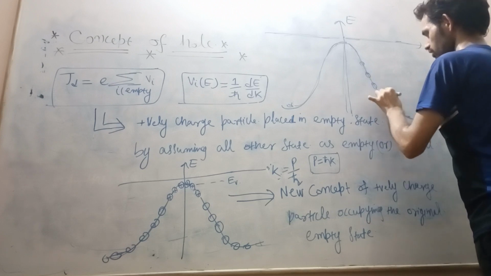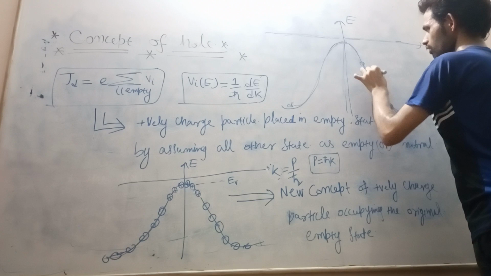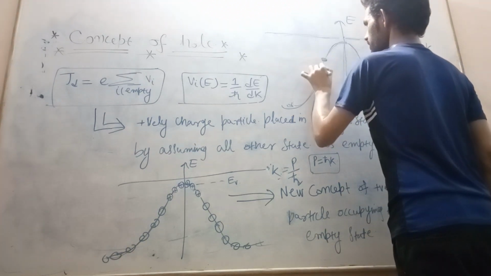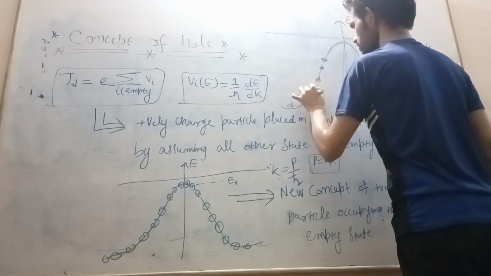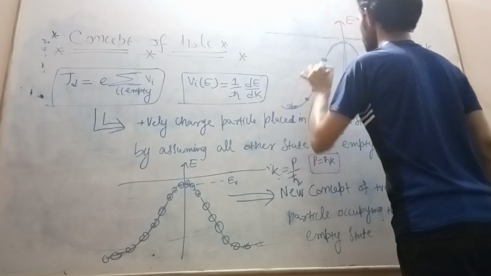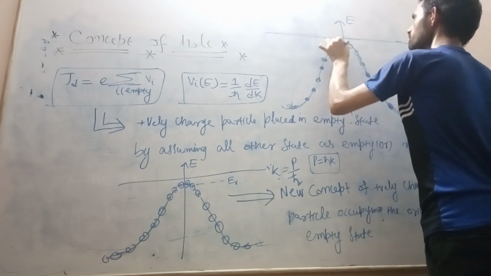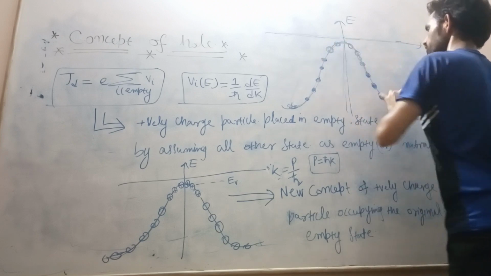So these are electrons, not holes. These are all electrons. And these are holes, which lie near the top of the valence band.